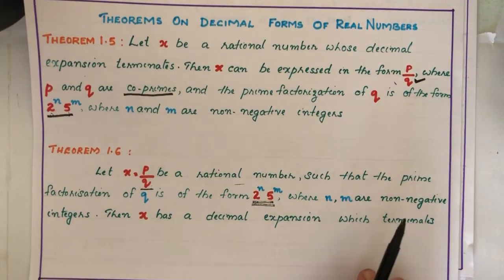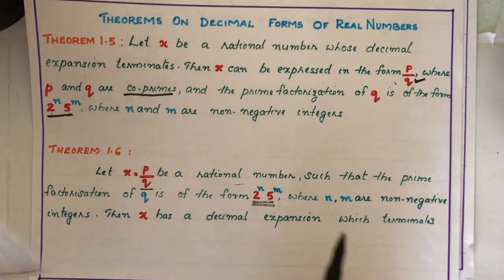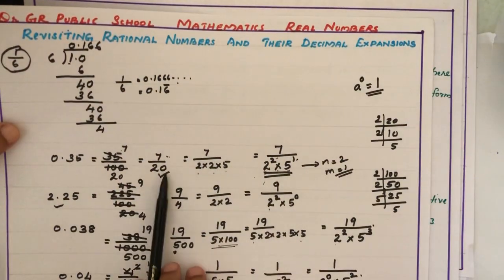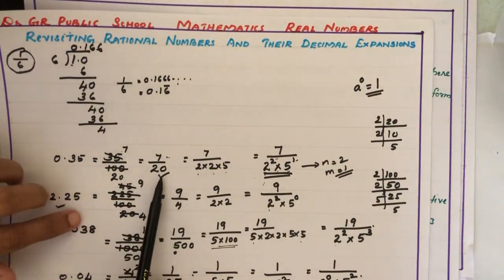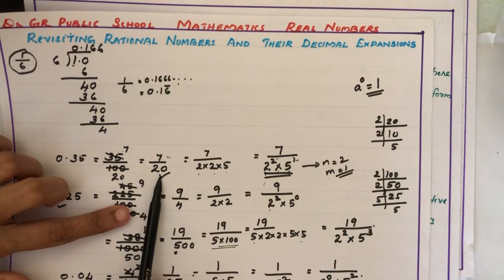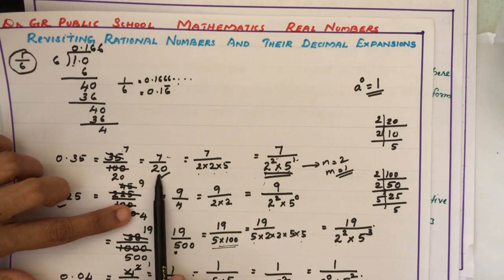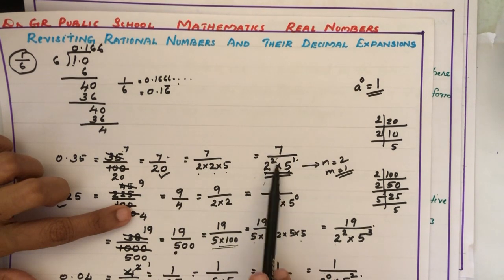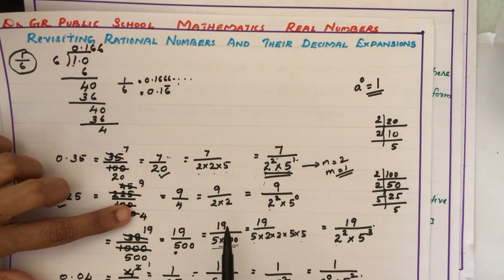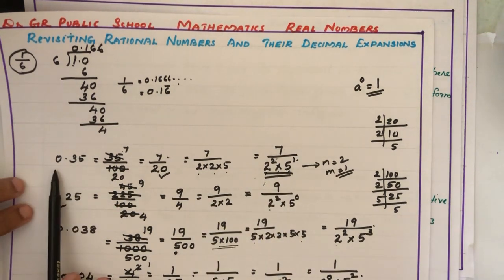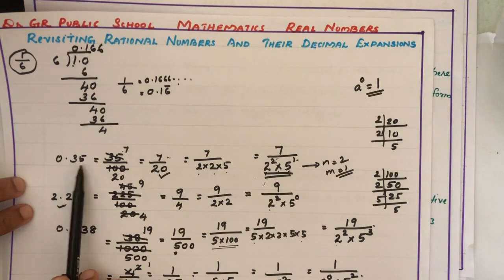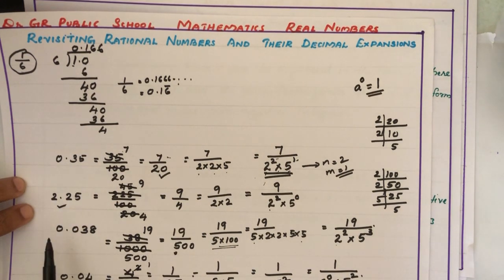Okay. So here, come to these rational forms. 7 by 20. Here 20 can be written in the form 2 squared into 5 raised to 1. So its decimal form is 0.35, terminating.